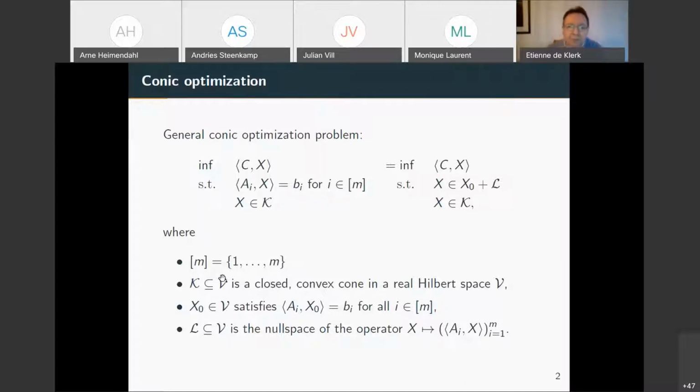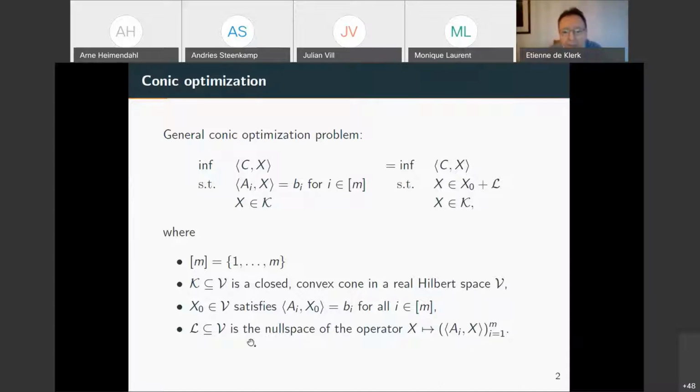Moreover, to understand the Jordan reduction framework, it will be more convenient to rewrite this problem by saying that these constraints imply that X belongs to some affine subspace. We're just going to make this explicit by saying X belongs to this affine subspace, where X0 is just any point in the affine subspace defined by these conditions, and L is a suitable linear subspace.